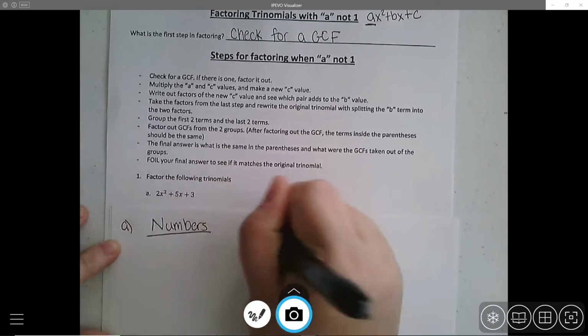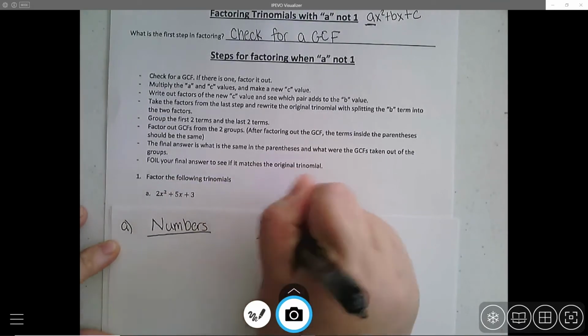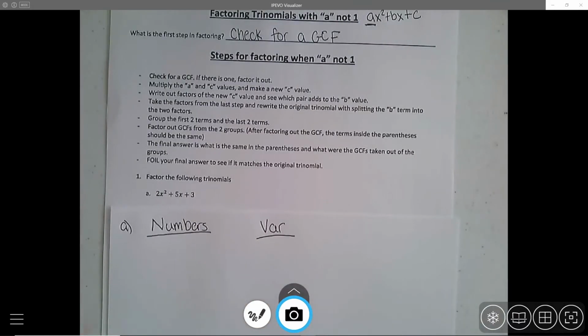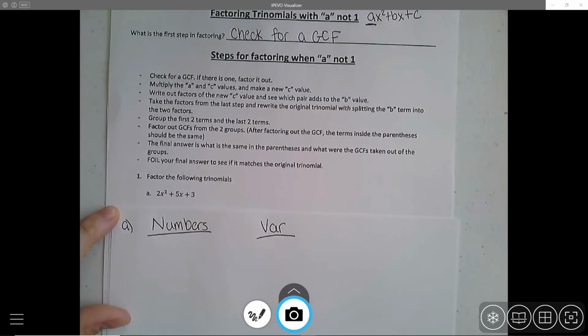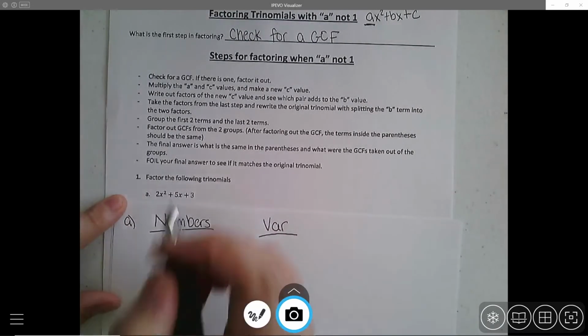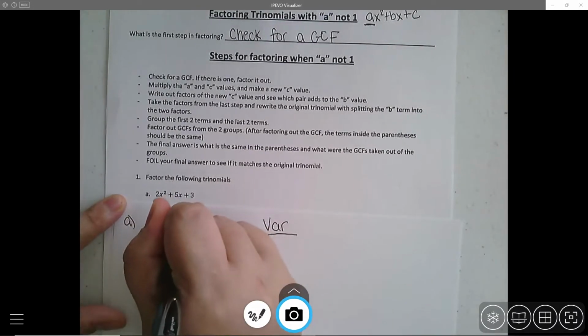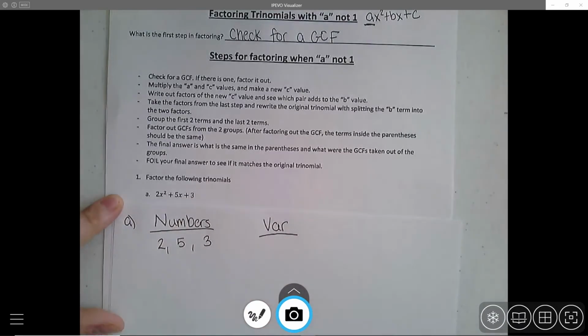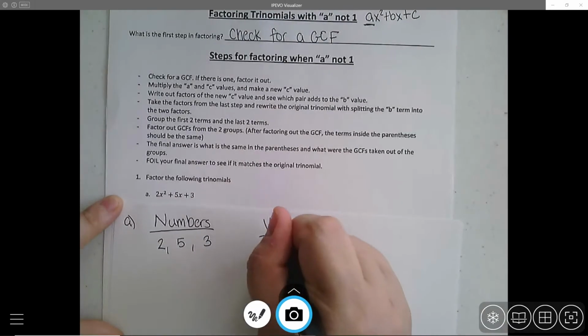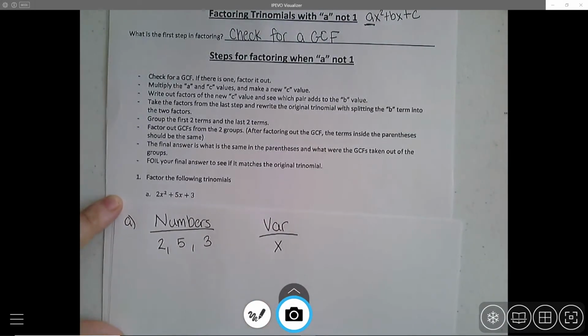We talk about it in terms of numbers and in terms of variables. The numbers that I see are my coefficients and also my constant at the end. The numbers in this problem are 2, 5, and 3.